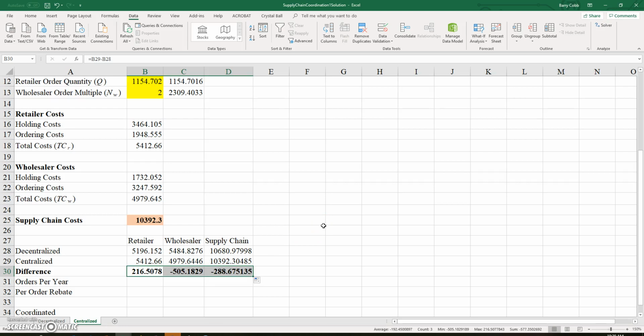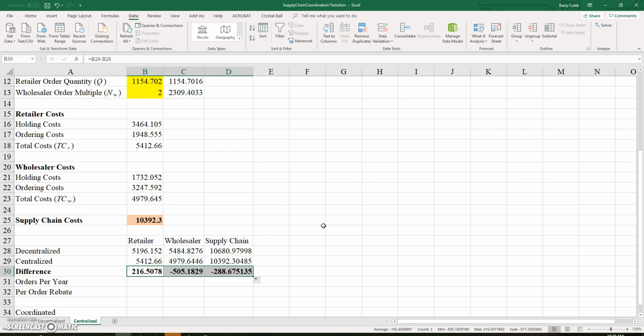What we can see by examining this difference is that the retailer is not better off in the centralized mode. In fact, the retailer would like to use the decentralized model. The wholesaler, however, is better off in the centralized mode.